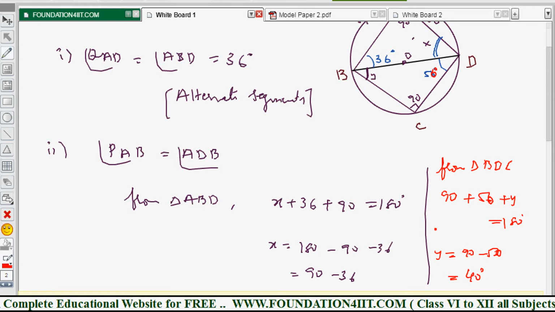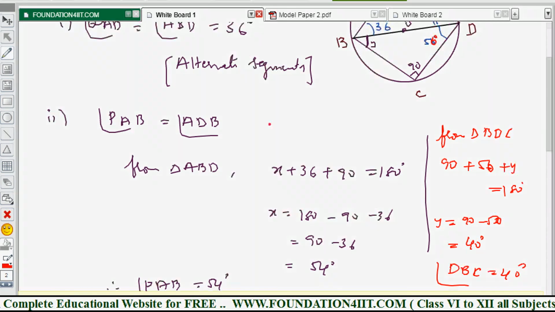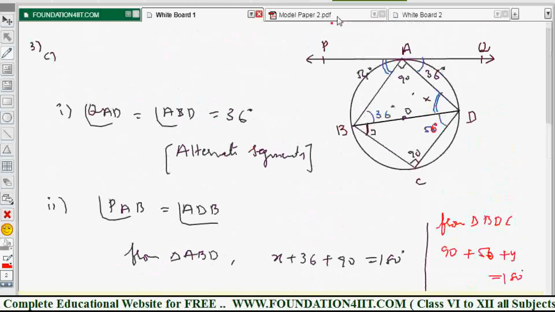Angle Y, that means angle DBC, is equal to 40 degrees. Just only the alternate segment property and the angle in a semicircle is 90 degrees. These two properties only are applied to solve these problems.